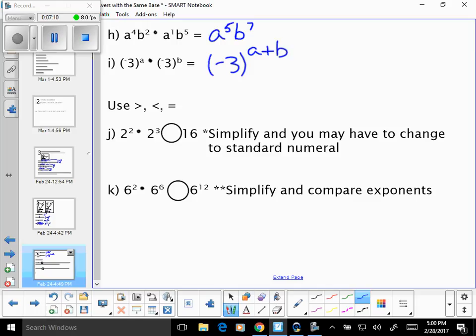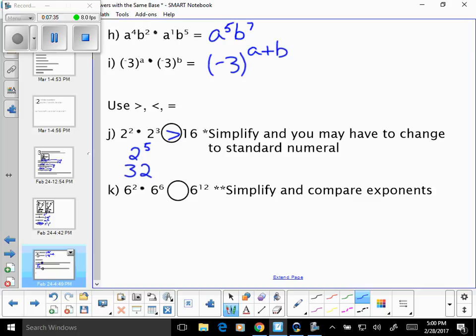On the left side, we have 2 squared times 2 to the 3rd power, which is actually 2 to the 5th power. You will have to go to the standard numeral here. 2 to the 5th power is 32, because 2 times 2 is 4, times 2 is 8, times 2 is 16, times 2 is 32. So we are going to have greater than 16.